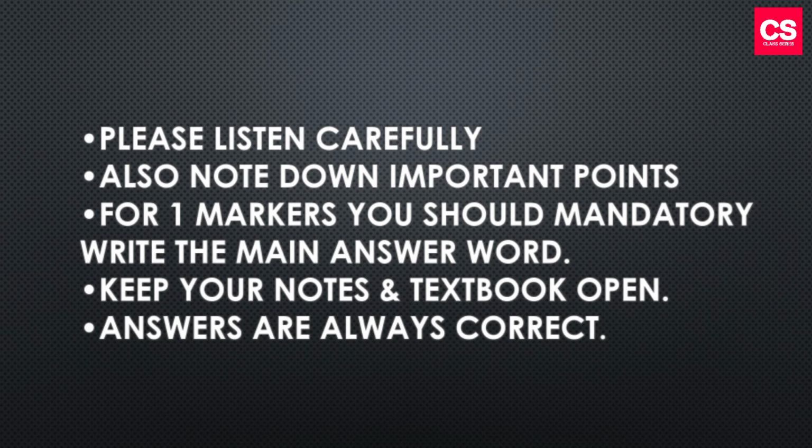After writing this, you have to write 4 to 5 sentences or 4 to 5 lines of the author's introduction. So basically this is a poem, so you will write 4 to 5 lines or 4 to 5 points of poet introduction that you have to write.